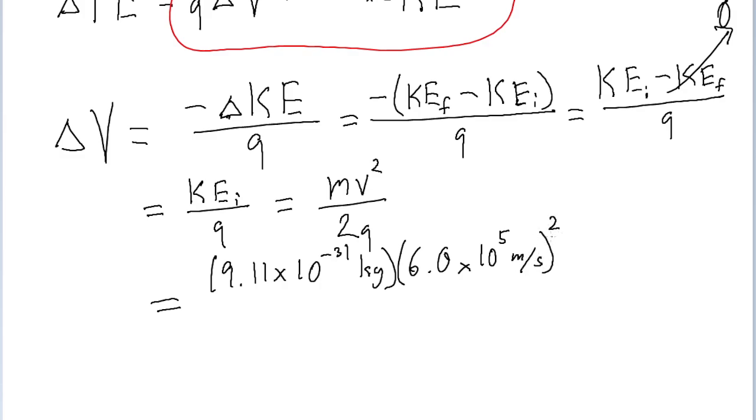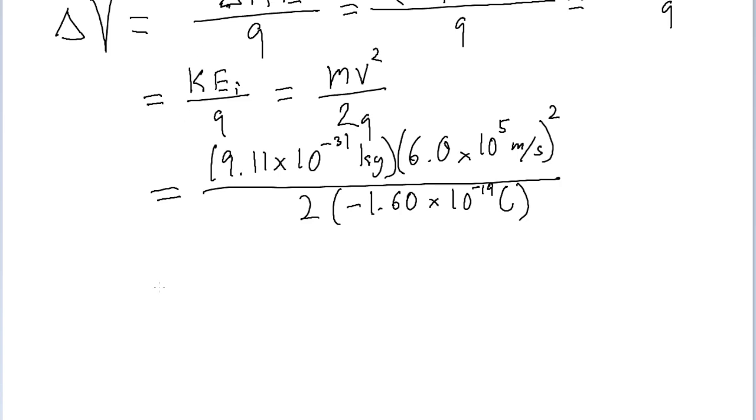And don't forget to square that speed. And then we divide this by 2 multiplied by Q, which is the charge on the electron. And since this is a single electron we're dealing with, its charge is just that of the negative elementary charge. So that is negative 1.60 times 10 to the power of negative 19 coulombs.